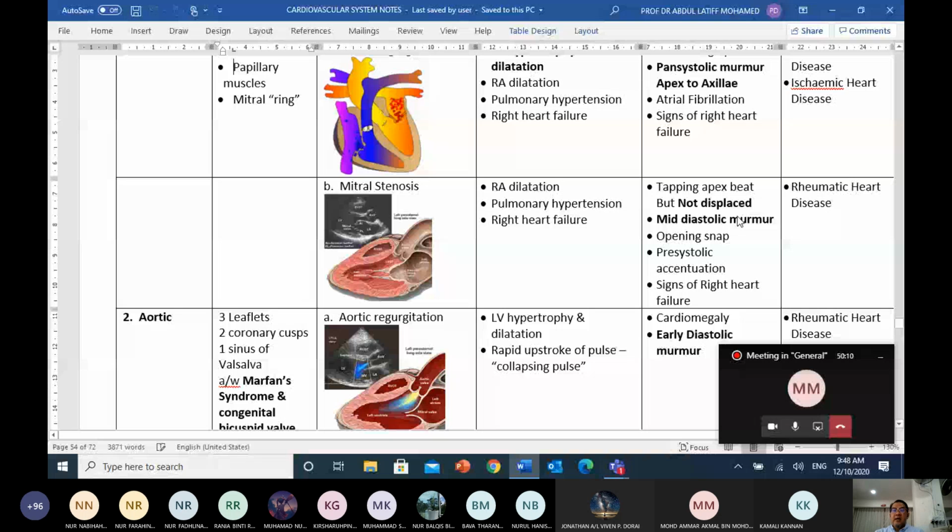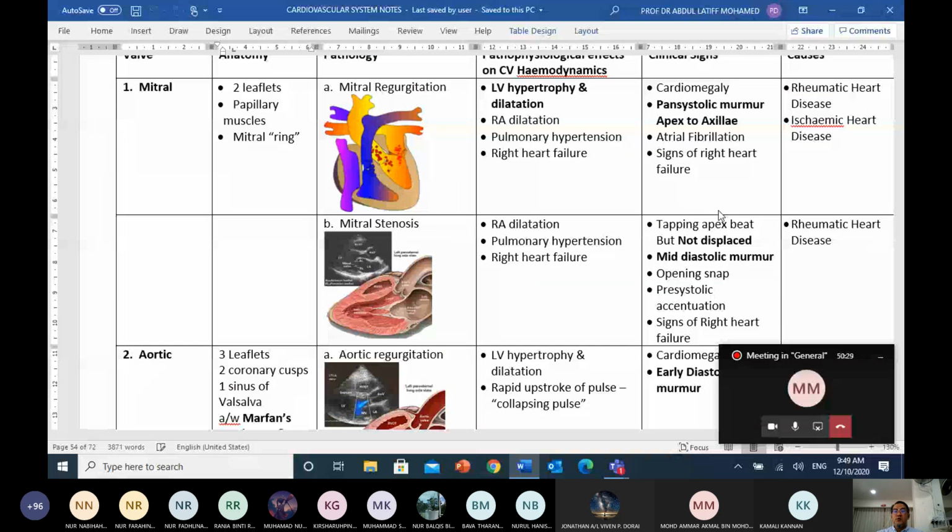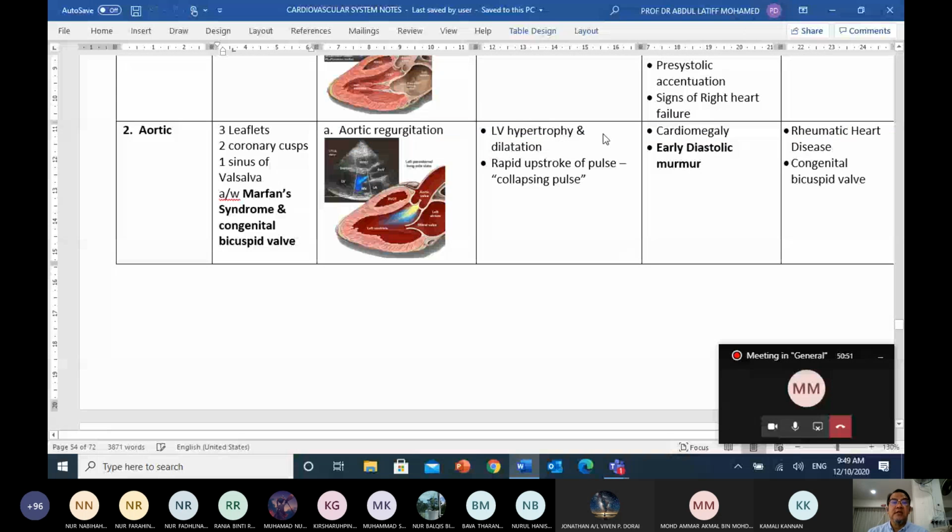Okay. How do you learn about murmurs? You can go to YouTube and just type mitral regurgitation murmur. You will be able to listen to the murmur. It is very well demonstrated on YouTube. Okay. So the same story goes for aortic regurgitation.